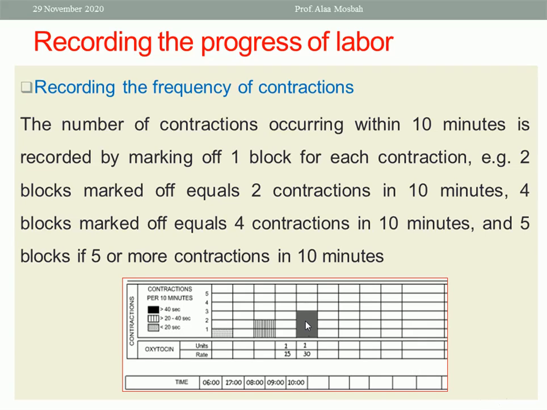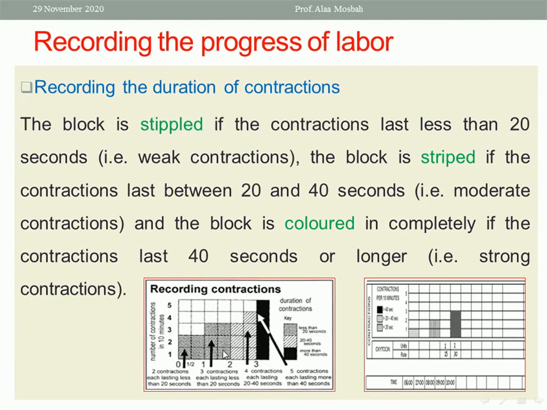So it is very easy to know the duration of uterine contraction and its frequency. As you see in another picture here, you can see 2 contractions, 3 contractions, 4 contractions, 5 contractions.